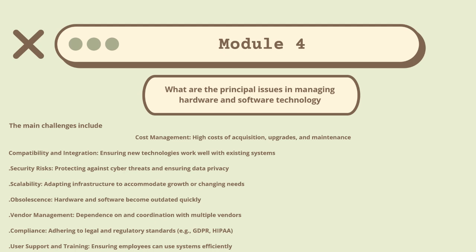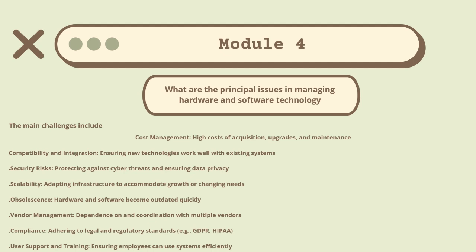Businesses need flexible systems that can grow or shrink without major disruption or costs. Fifth is obsolescence. Hardware and software become outdated quickly. Technology evolves fast, so companies must update regularly to stay competitive and secure.